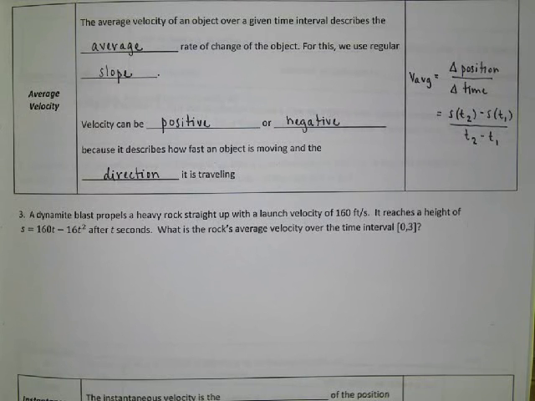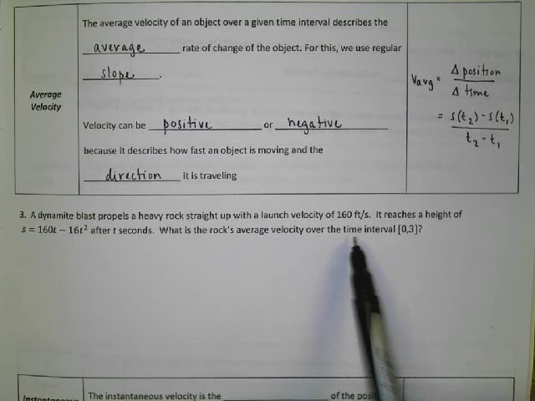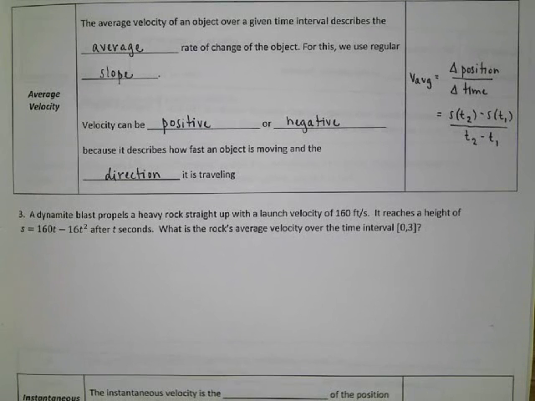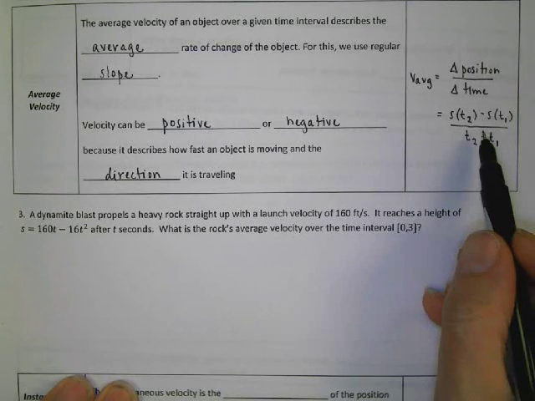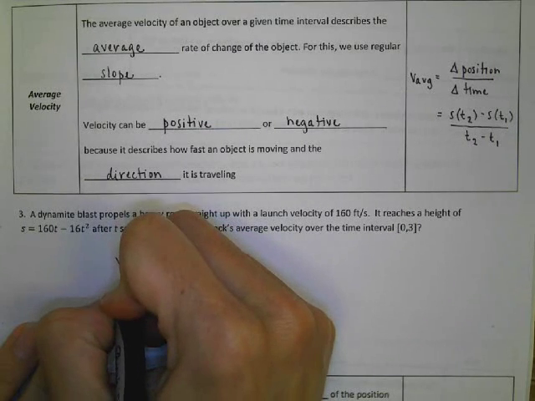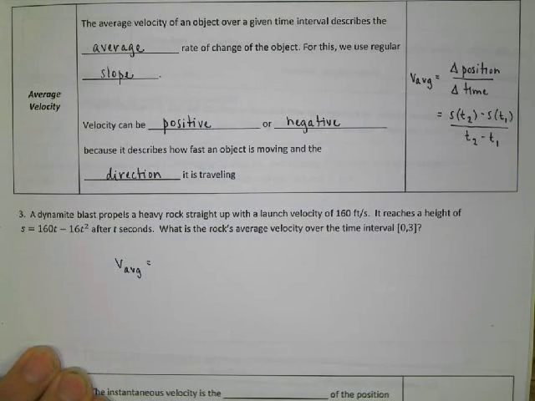So again, for example 3, it's our same scenario here. Now our question is, what is the rock's average velocity over the time interval from 0 to 3 seconds? So again, we're just going to use our change in position over our change in time. So I'm going to denote this by the velocity and use that average subscript.